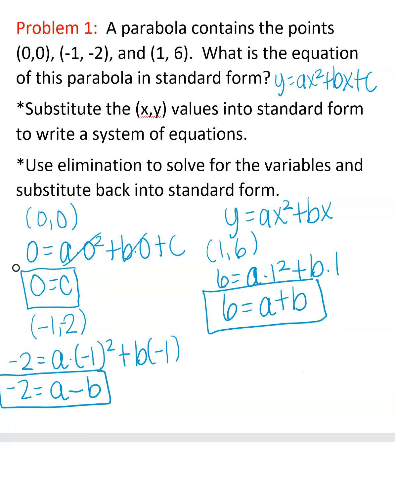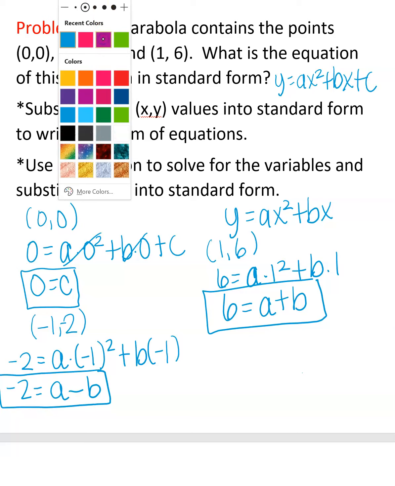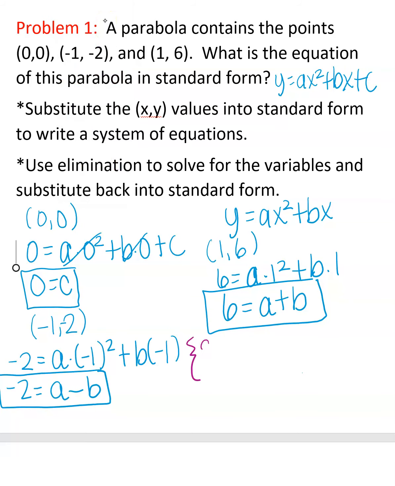Now we're going to put these two equations together. So a minus b equals -2 and a plus b equals 6. They're already set up in elimination form, so 2a equals 4, a equals 2.